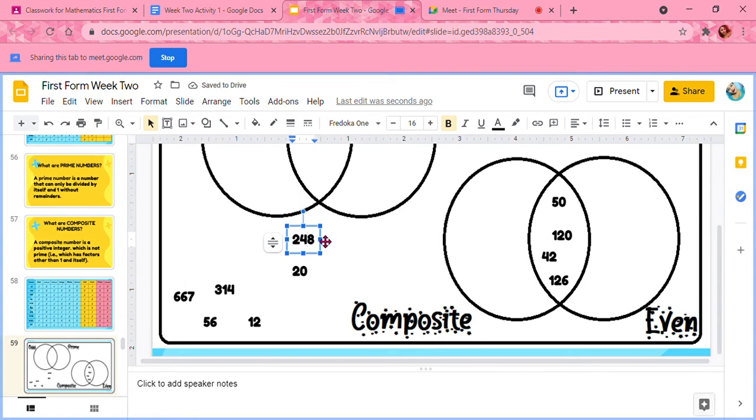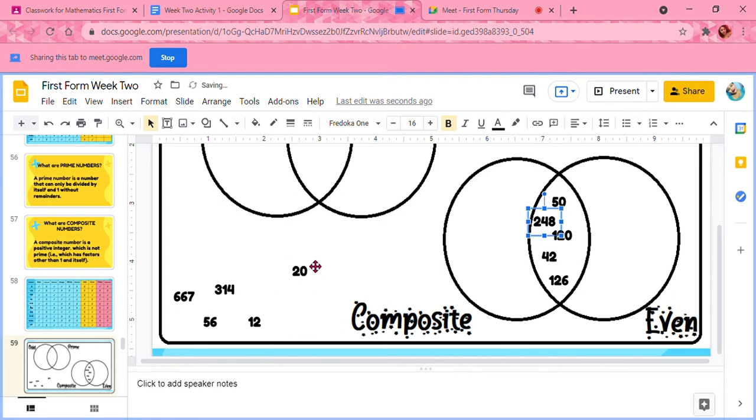How about 248? Even and composite. Very good. How about the number 20? Even and composite. Very good.